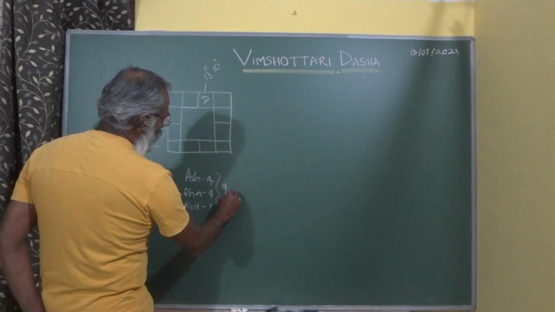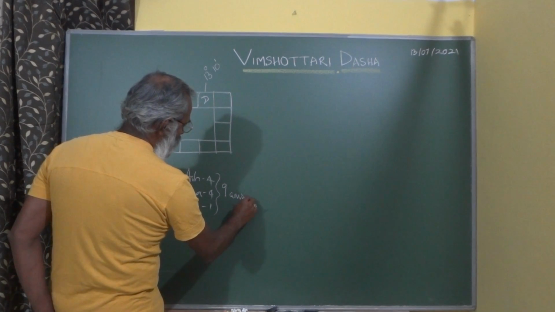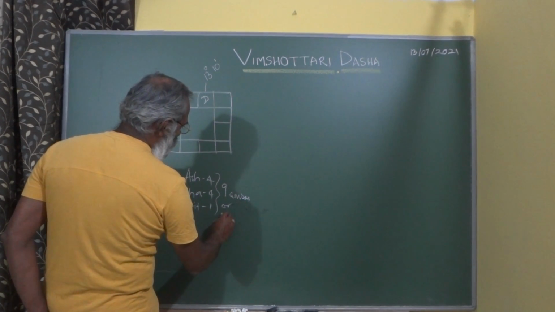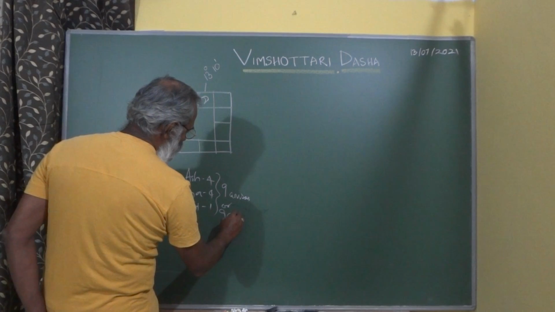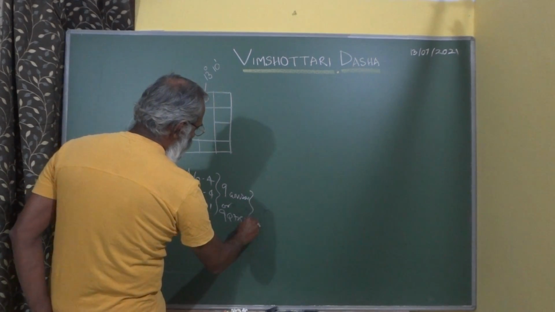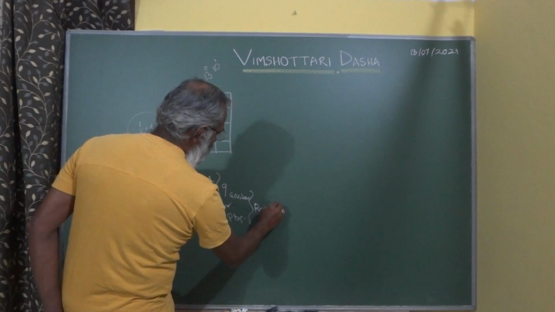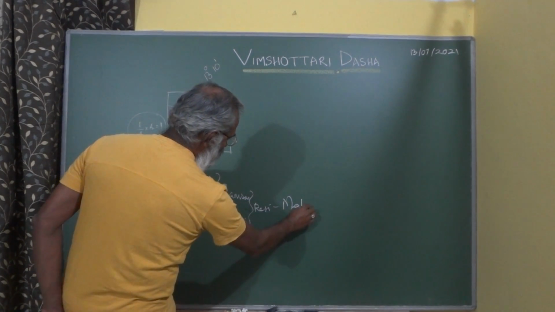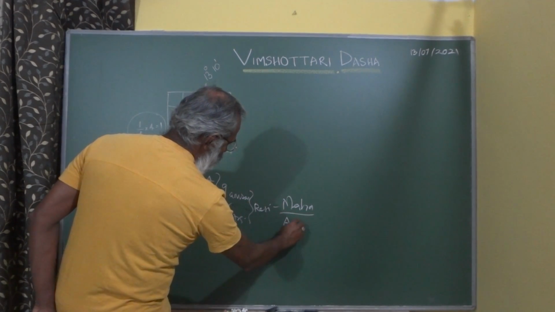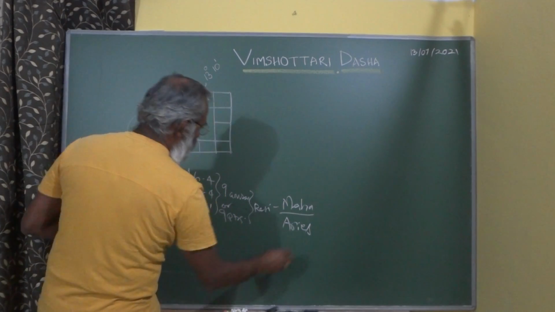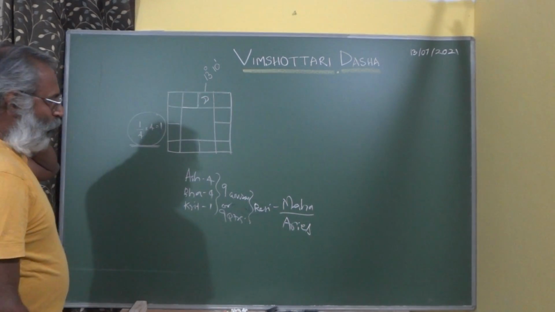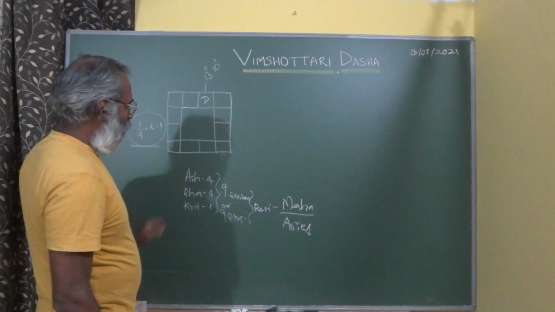So 9 amshas, or 9 quarters, make one Rashi, and that is Mesha Rashi or Aries. Okay, so that means it is in the second Rashi now.